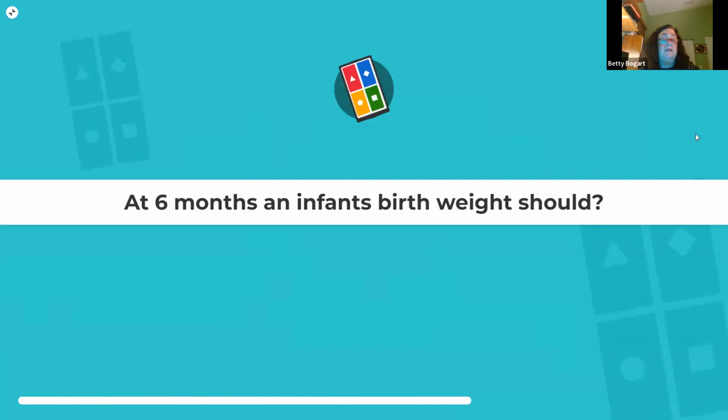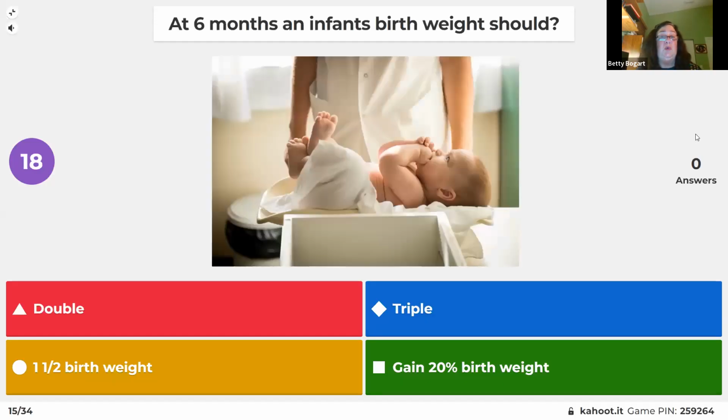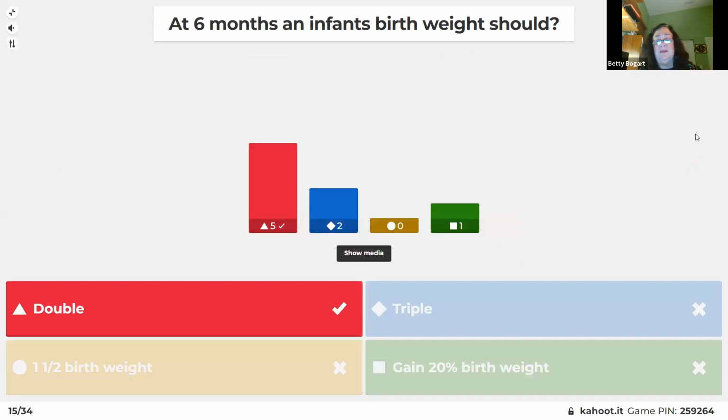At 6 months, an infant's birth weight should do what? Again, this is part of next week that's going to come up, but these are concepts you're going to see intertwined in questions you need to understand to be able to answer questions. At 6 months, it doubles.